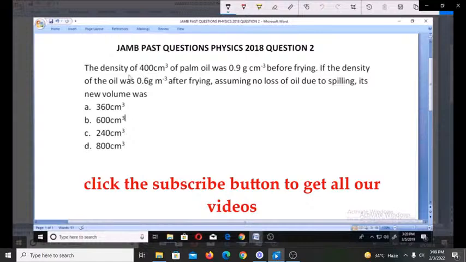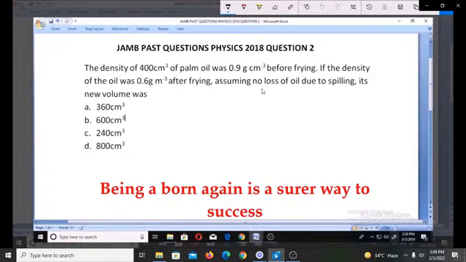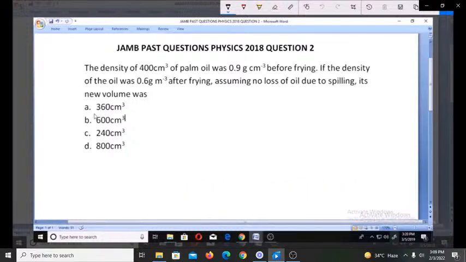If the density of the oil was 0.6 gram per cm cubed after frying, assuming no loss of oil due to spilling, its new volume was: A. 360 cm cubed, B. 600 cm cubed, C. 240 cm cubed, D. 800 cm cubed. So how do we go about solving this?